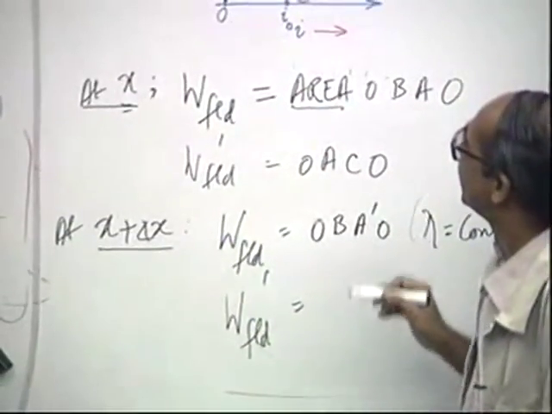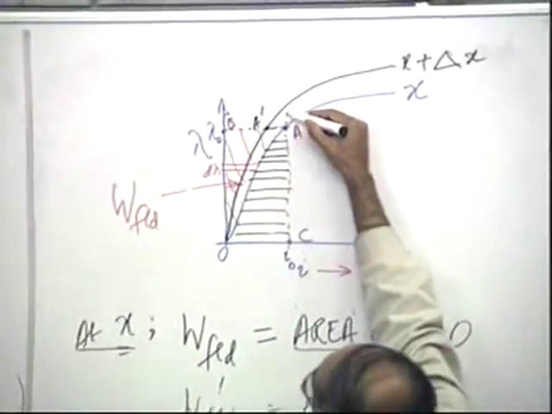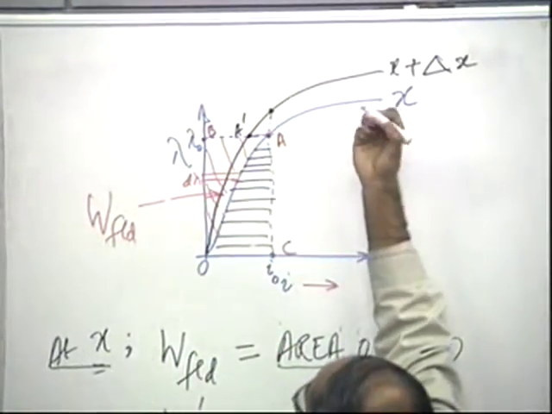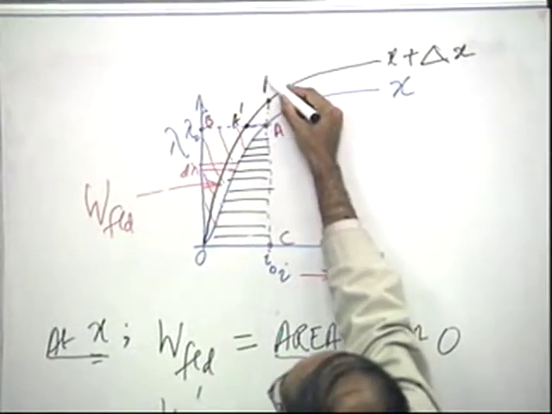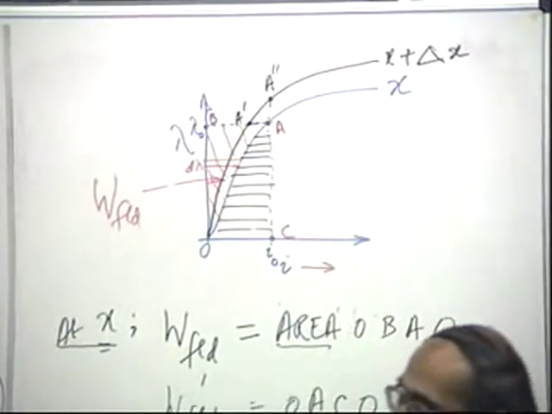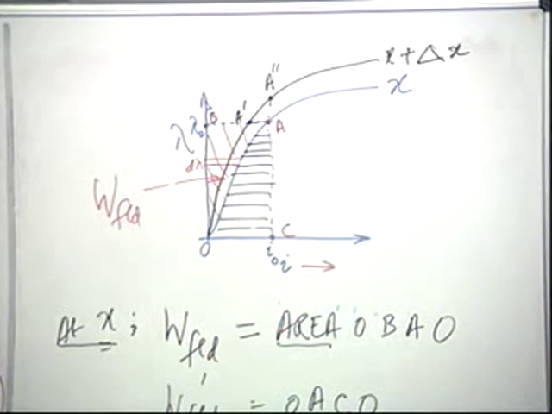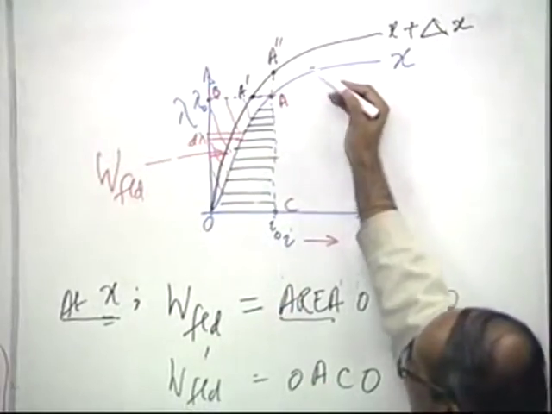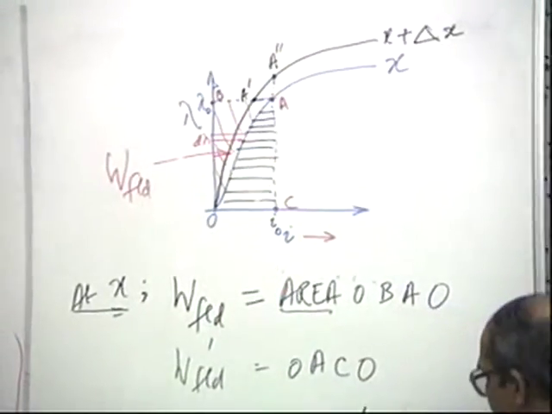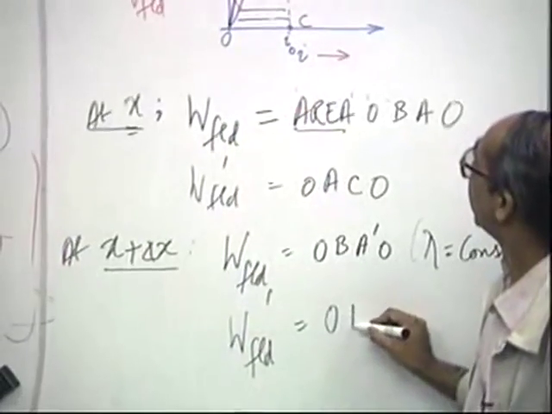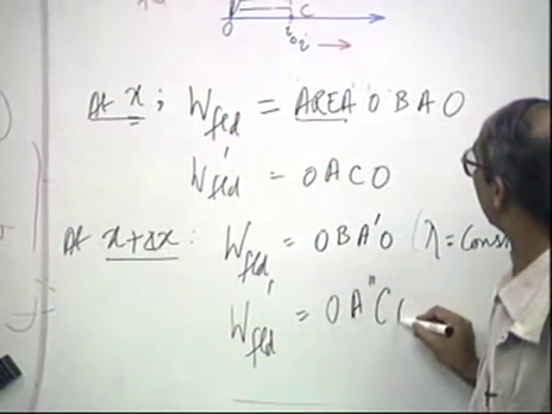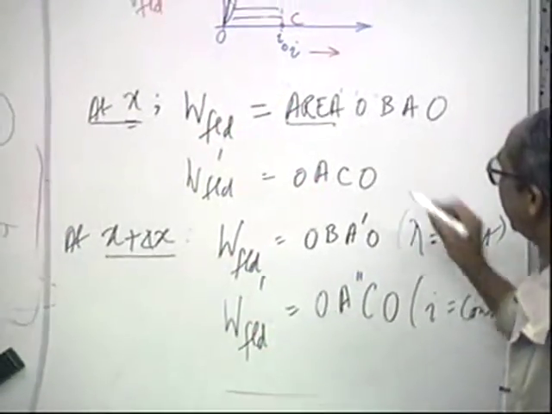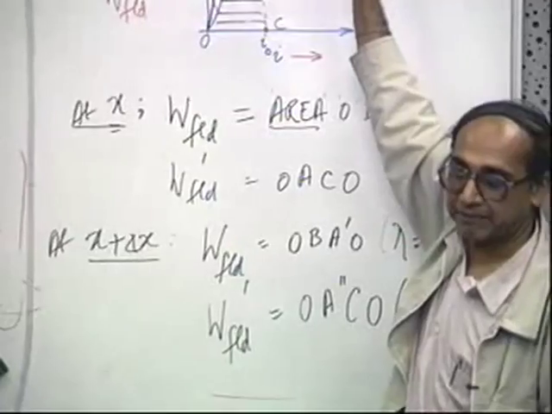Now what will be the W field dash at constant I? At constant I, let us say A double dash. Now if this is A double dash, the new co-energy at constant I will be O A double dash C O. You are maintaining current constant and going up that way.